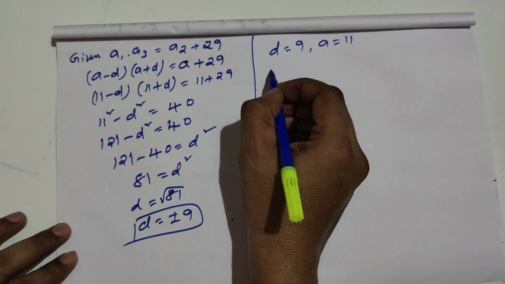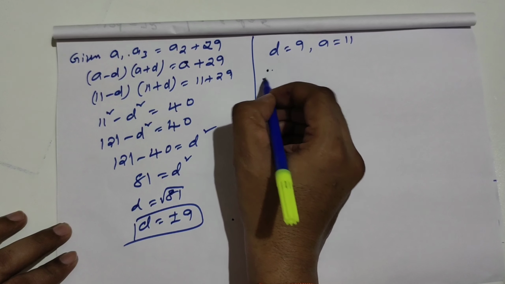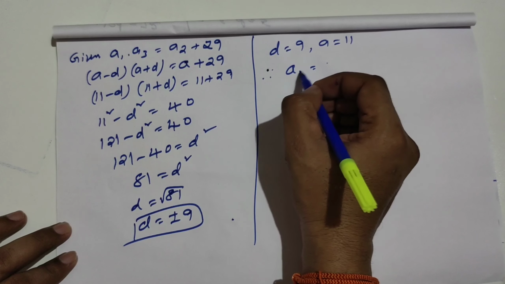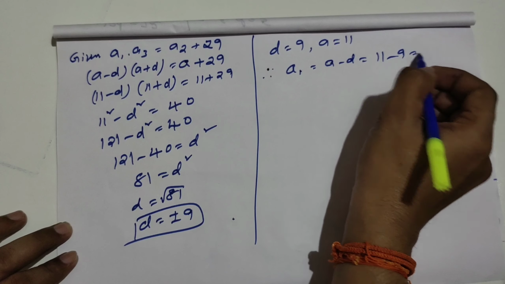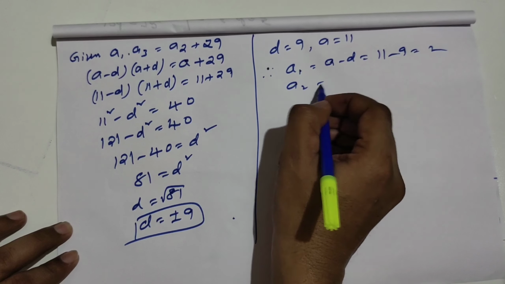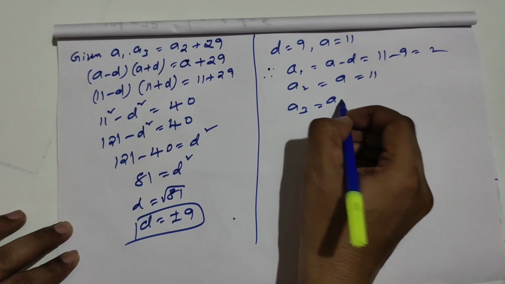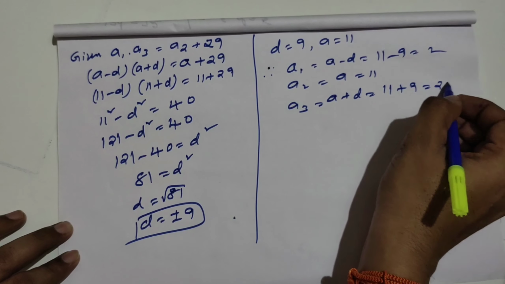Then we can write down the first three terms in AP. Here the first term a1 is a minus d, 11 minus 9, that is 2, and a2 is a itself, simply 11, and a3 is a plus d, that is 11 plus 9, 20.